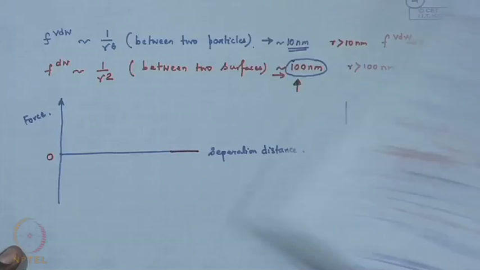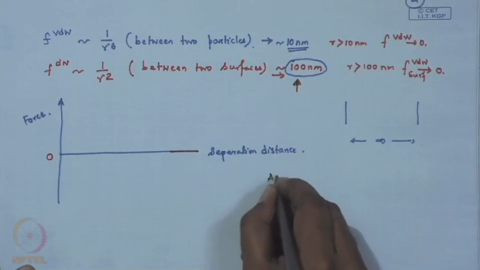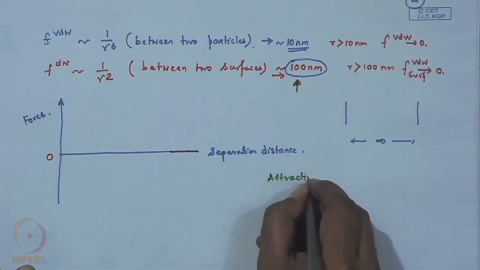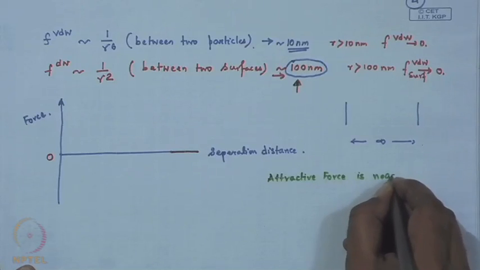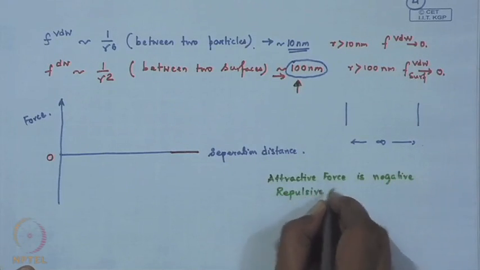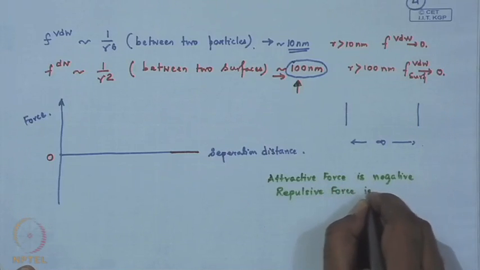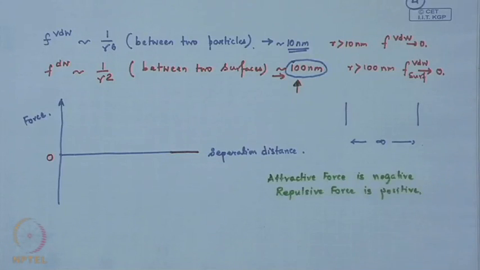So, here we follow a convention that an attractive force is negative and repulsive force positive. This potential curve can be generated for two atoms or two particles or two surfaces, whatever you want. Roughly the generic nature will be the same. Only the curvatures and the distances will change.